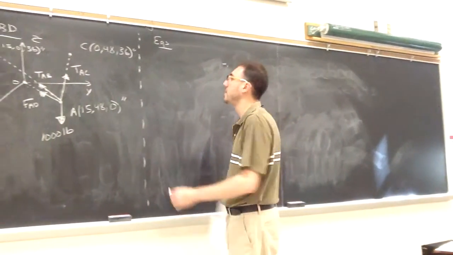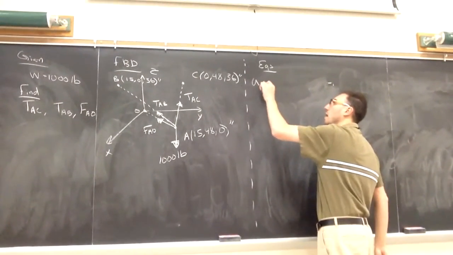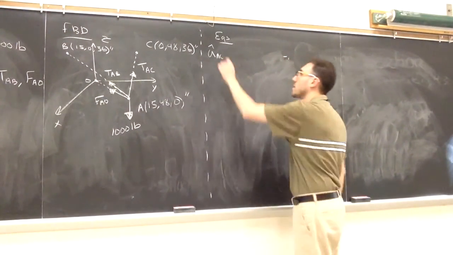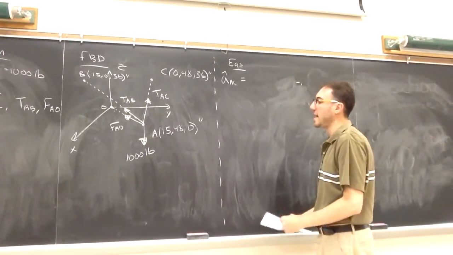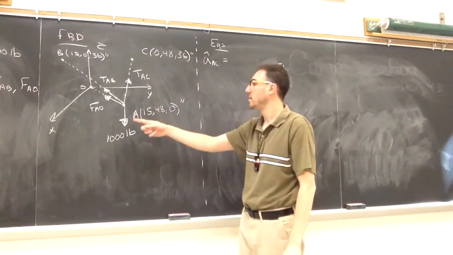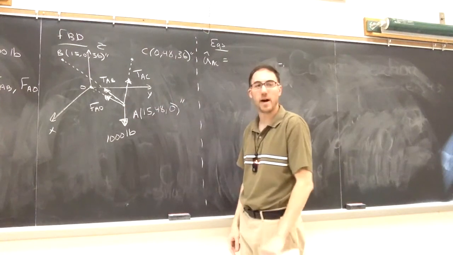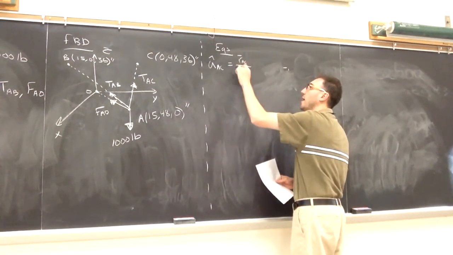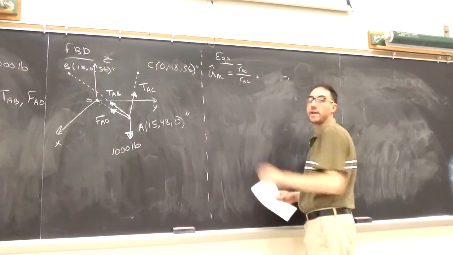The order doesn't really matter. I know I need to find the direction that goes from A to C. For that, I have to take the end point minus the start point and divide it by its magnitude. So I have to find RAC and divide it by the magnitude of RAC.